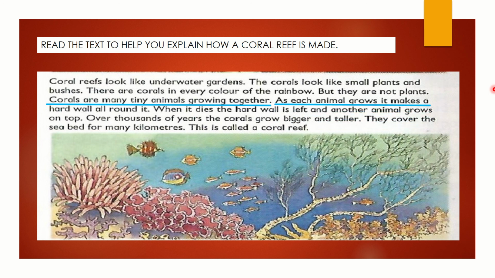As each animal grows, it makes a hard wall around it. When it dies, the hard wall is left and another animal grows on top. Over thousands of years, the corals grow bigger and taller. They cover the seabed for many kilometers. This is called a coral reef.